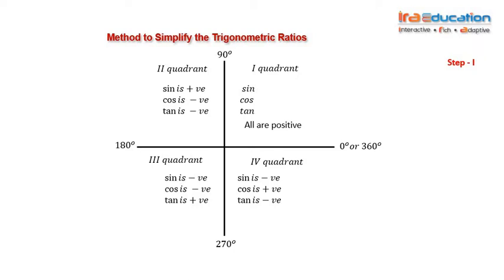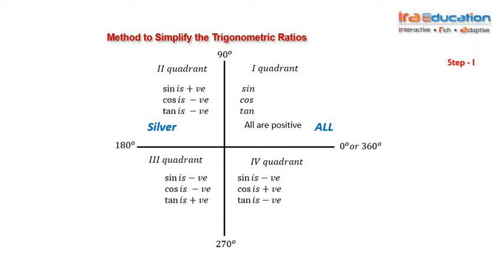For easy understanding and remembrance, we can say that in first quadrant all ratios are positive. For our convenience, we call it as all. In second quadrant only sine is positive, or S is positive. For our convenience, we will name it as silver.